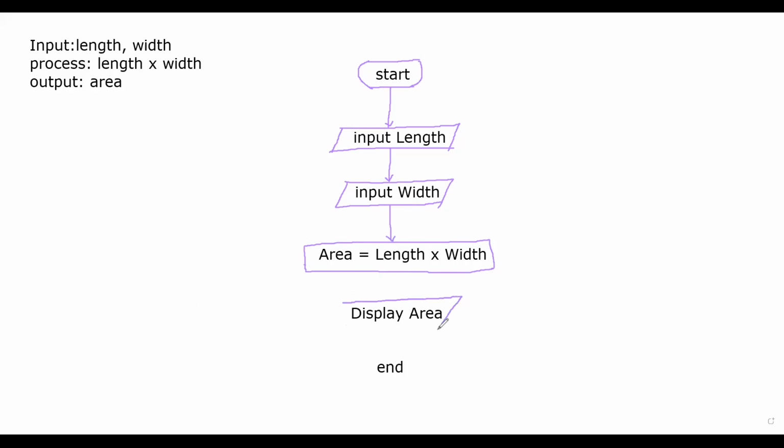So the output should be like this. Input output, you have this parallelogram shape. So that's the display area. Final one, it's the end, same as the start. Then we can end like this.